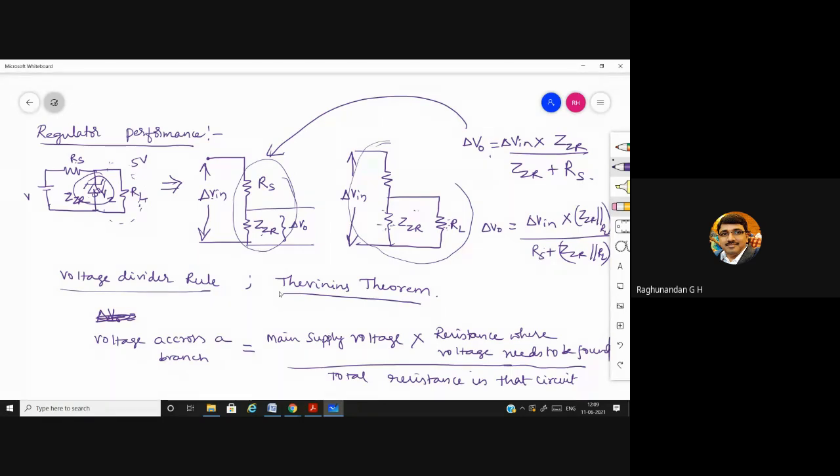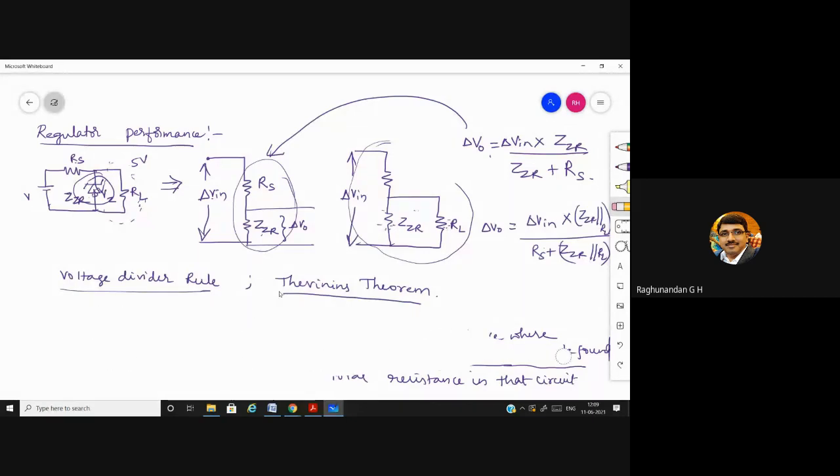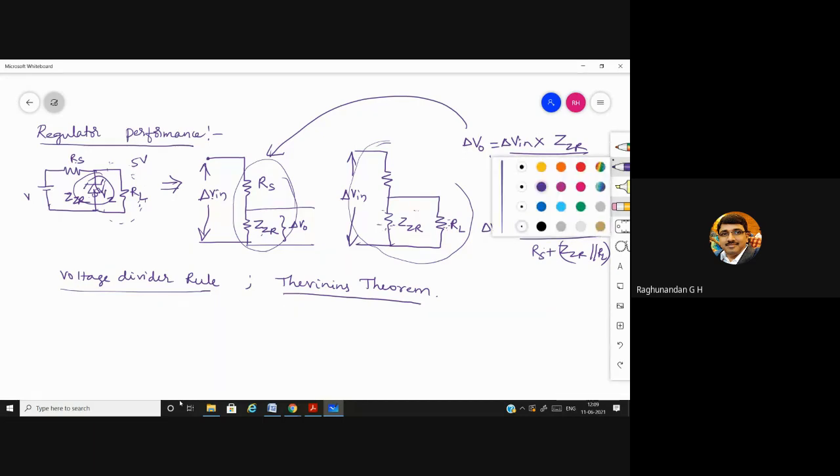After this, we will try to write it in terms of ripple values. Ripple means, as you already know, just the change or the fluctuation that is going to happen in the circuit. So can I write delta V naught as VRO?